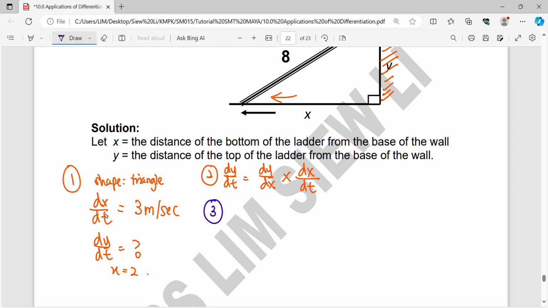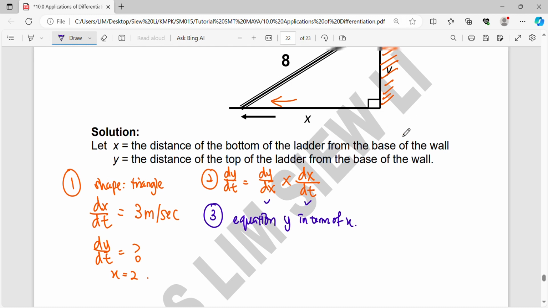Step 3 is finding the equation that we want. Since dx/dt is already given, we want an equation for y in terms of x only. So look at the triangle here.